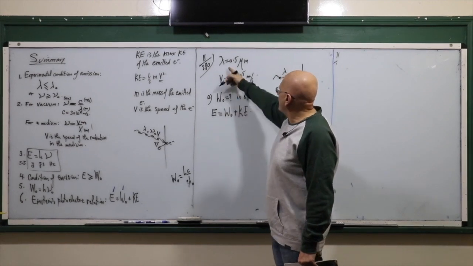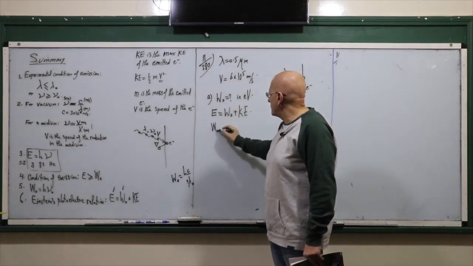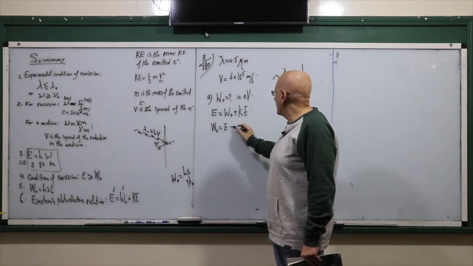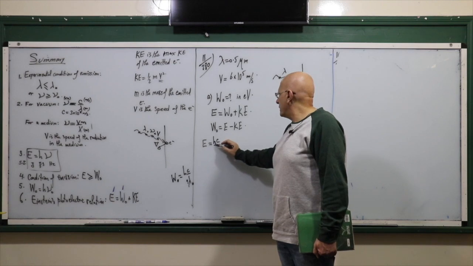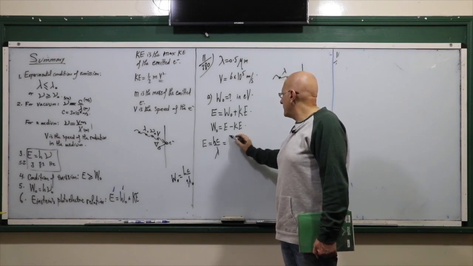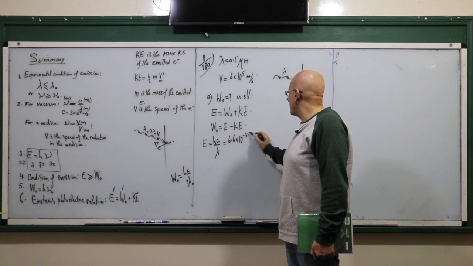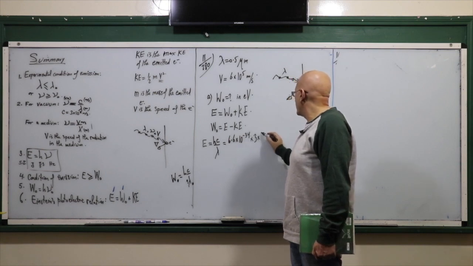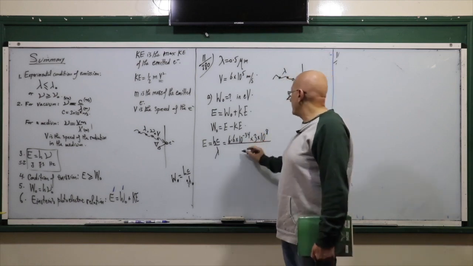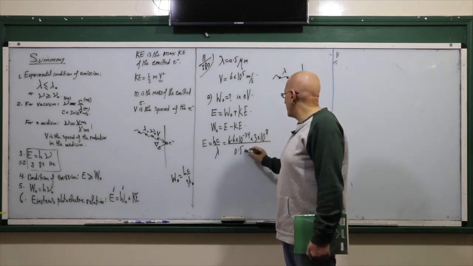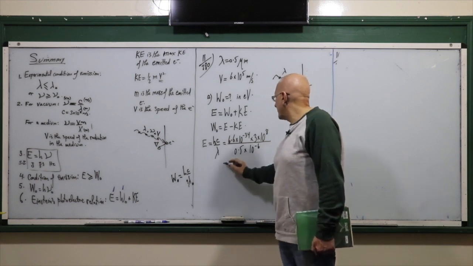I have lambda, so I can find E. W naught is equal to E minus kinetic energy, equal to hc over lambda, 6.6 times 10 power minus 34 times 3 times 10 power 8 over lambda, 0.5 times 10 power minus 6.